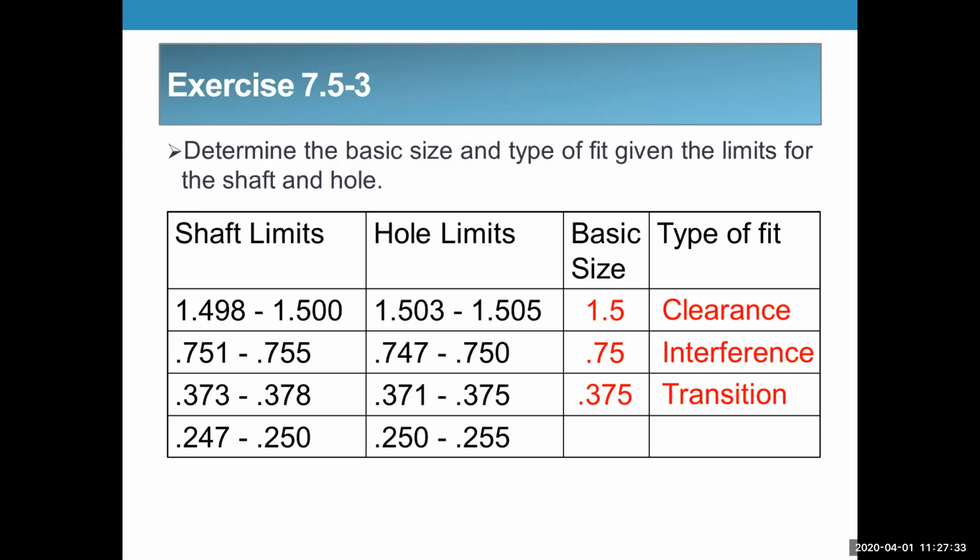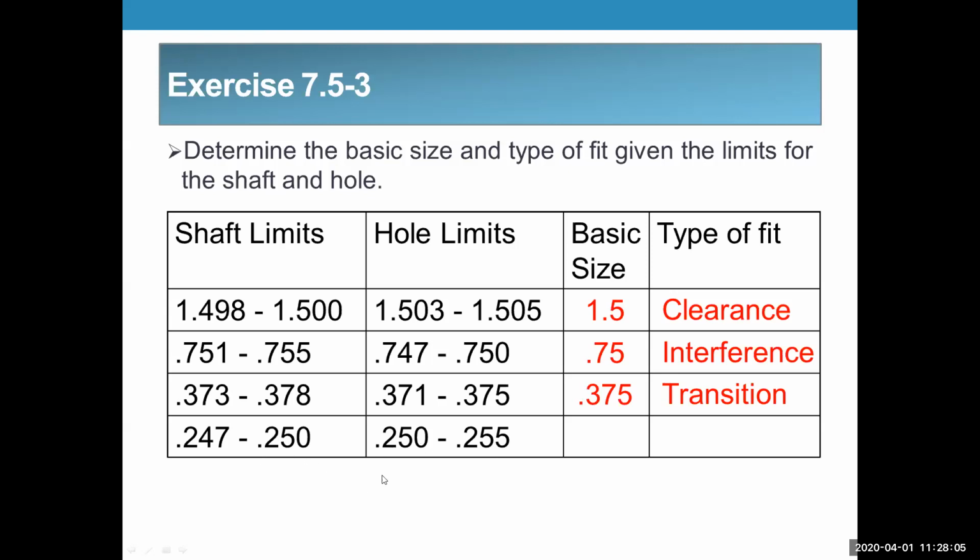And then the last one, the basic size is 1/4 inch. Now my smallest hole and largest shaft are exactly the same size, and, excuse me, my smallest shaft and largest hole show me that I've got clearance.